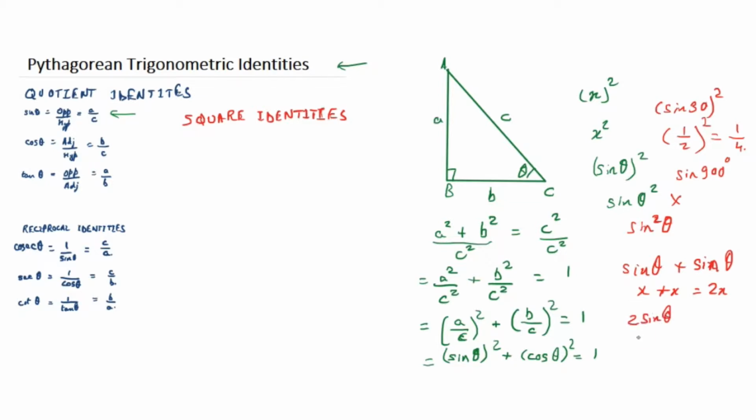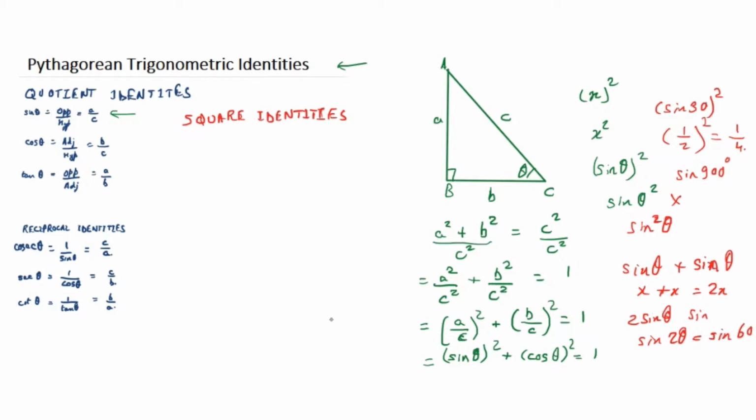Don't confuse it with sine 2 theta, because sine 2 theta is the double of the angle. If the angle is 30 degrees, then sine 2 theta is going to be sine 60 degrees. So remember all these things.